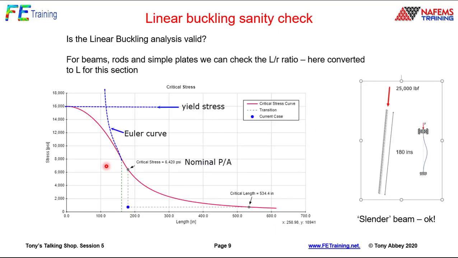But now the big question comes down to, okay, we did the sanity check, we did linear buckling, but my target is to do nonlinear buckling. Was the linear buckling analysis valid?